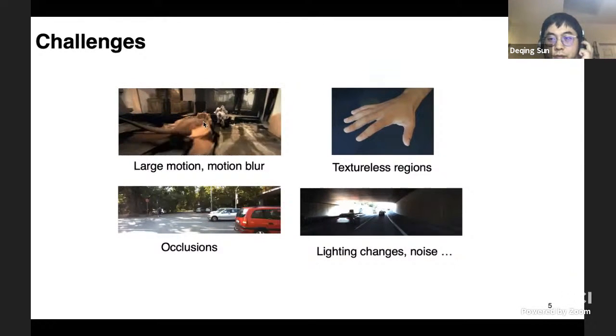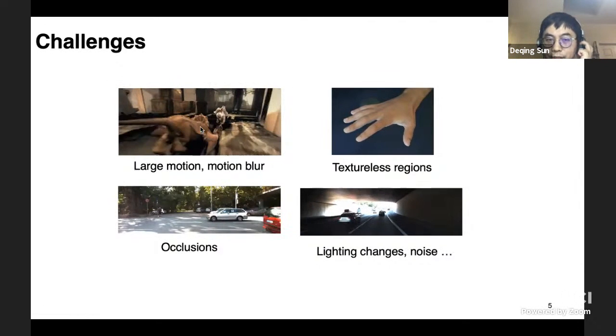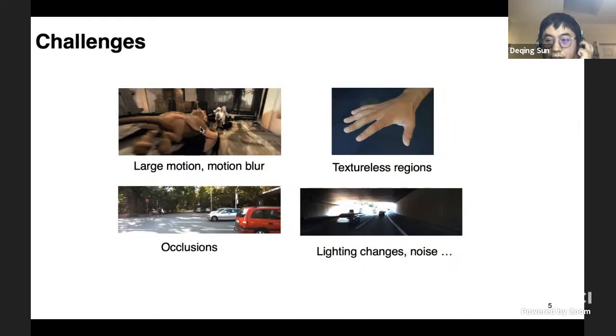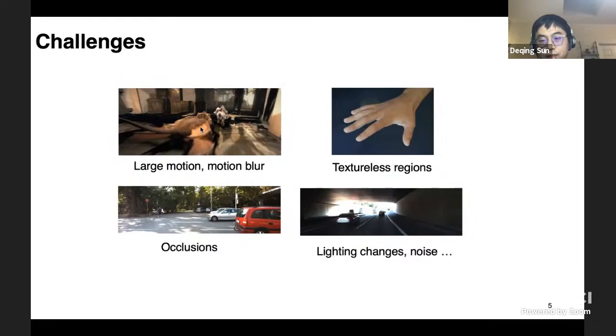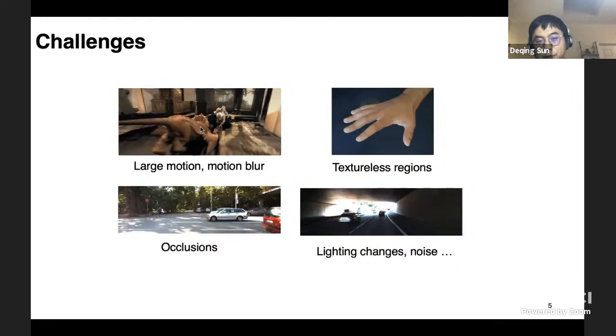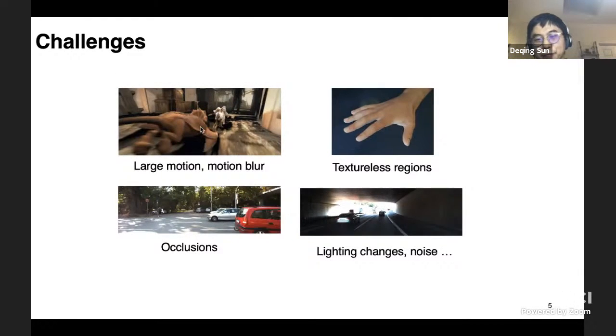First, Sintel itself is quite a complex world, and when we train the network using such ground truth, we found the synthetic data trained network seems to work reasonably well on some real world video.